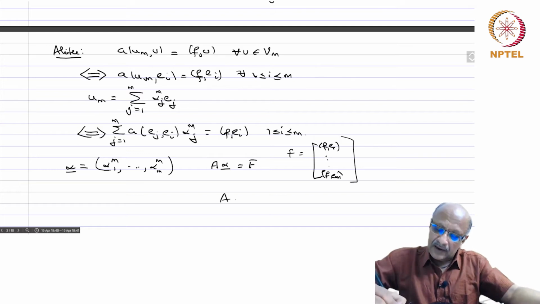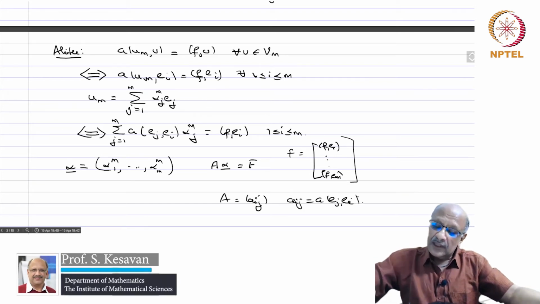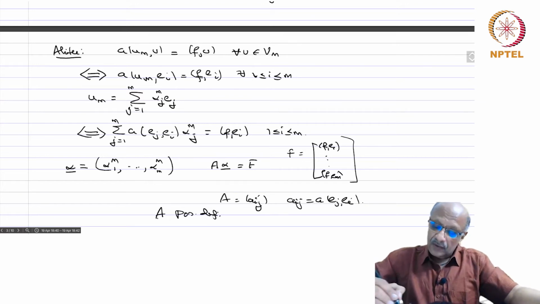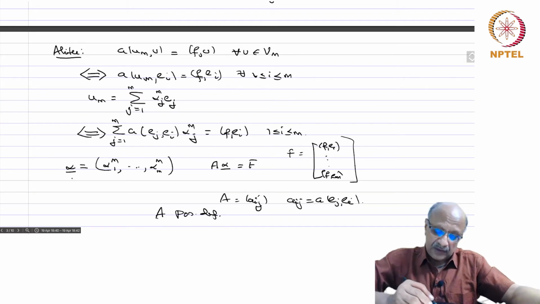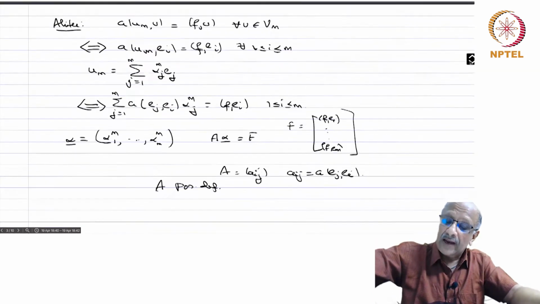And A is the matrix A_ij, where A_ij is A(e_j, e_i), and now using the L2 ellipticity and the boundedness of the bilinear form A, it follows that A is symmetric and positive definite. Every positive definite matrix is invertible, and therefore there exists a unique alpha vector, and therefore you have the solution u_m. So, this is one way of looking at the first step.